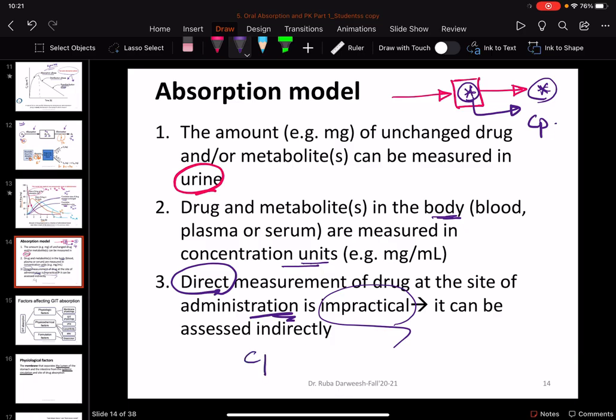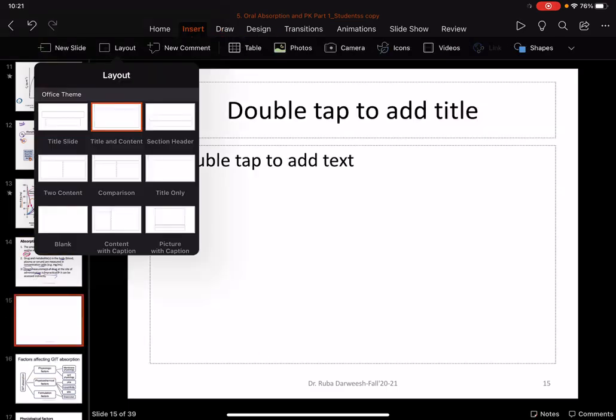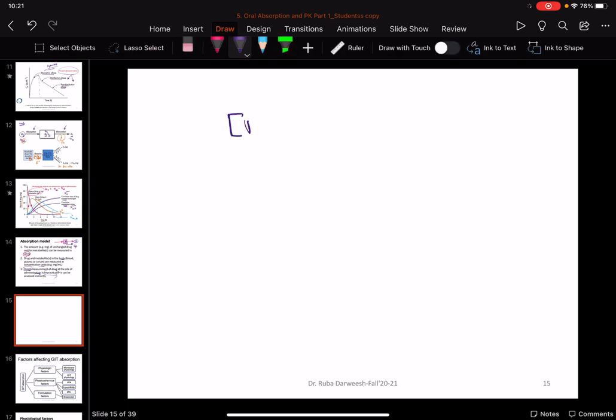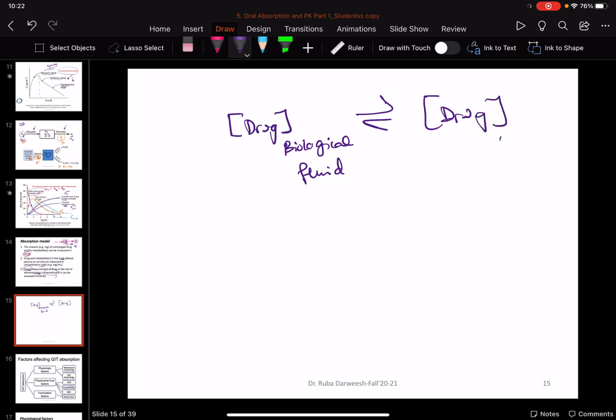That's why we have one of the major assumptions that we talked about earlier, that the concentration of the drug in the biological fluid, which is usually the blood, is at equilibrium with the concentration of the drug at the site of action, tissues, or organs.